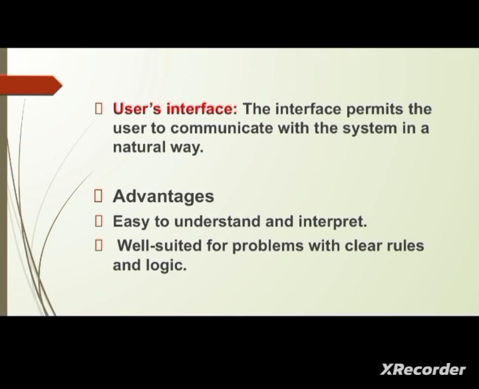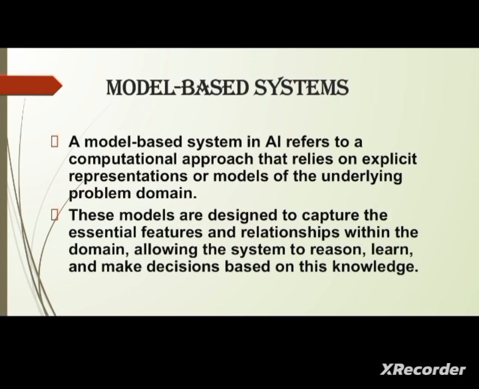Then we go to our second topic, model-based system. A model-based system in AI refers to a computational approach that uses an explicit representation or model of the underlying problem domain.